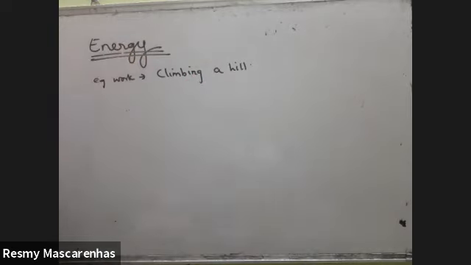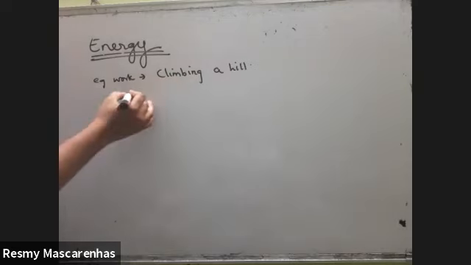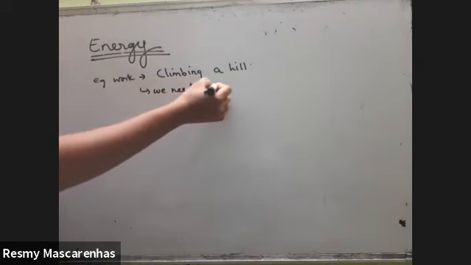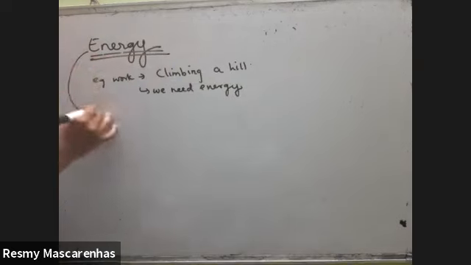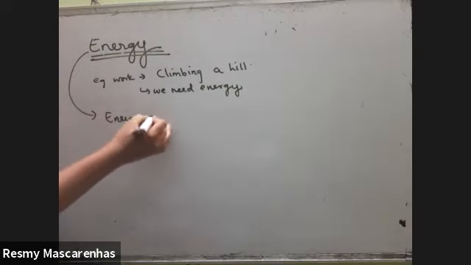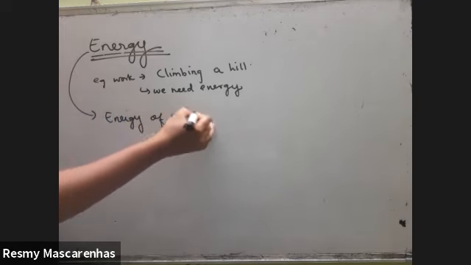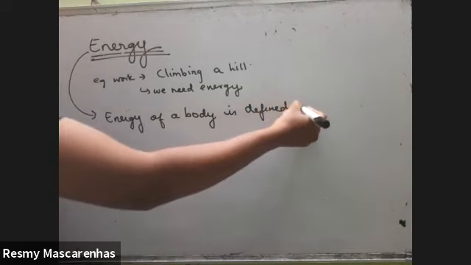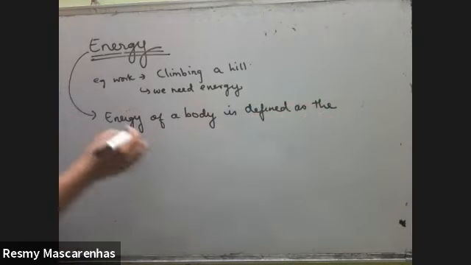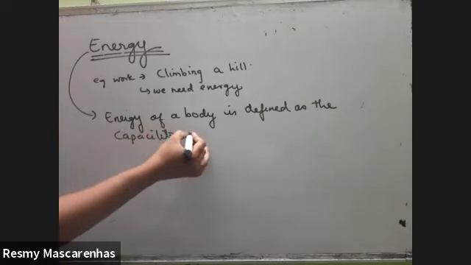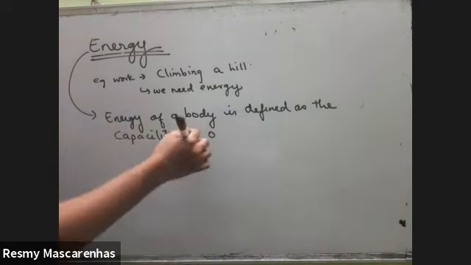So the definition: in order to climb a hill, we need energy. The energy of a body is defined as the capacity or ability to do work. You should be able to walk or able to climb.